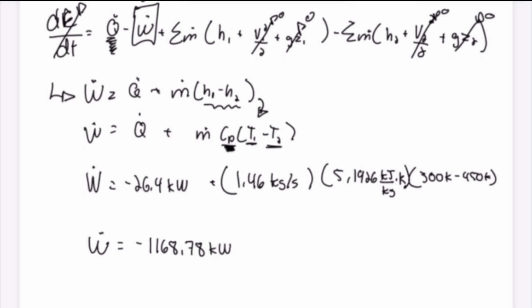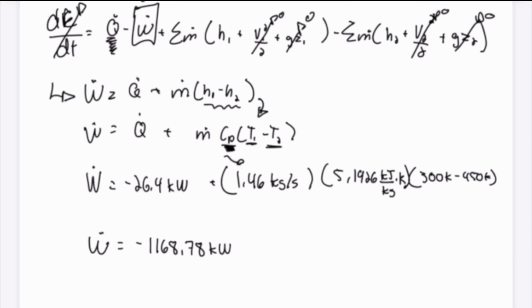So we are left with minus 26.4 kilowatts plus 1.46 kilogram per second, which is the mass, times Cp, which is 5.1926 kilojoules per kilogram Kelvin, times the temperature, which is 300 Kelvin minus 450 Kelvin.